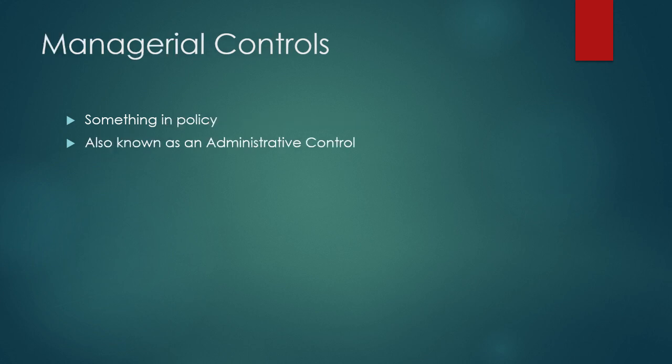The second type of control is a managerial control. We used to call these administrative controls, but a managerial control is basically just a policy. The organization says don't go to bad websites, or don't look at this data, or don't enter this room. They put a sign on the door: don't enter this room.